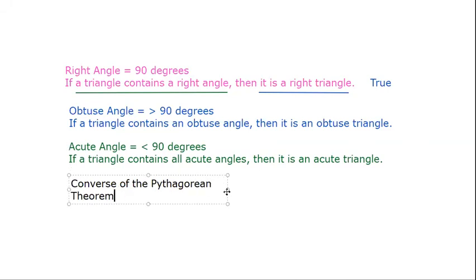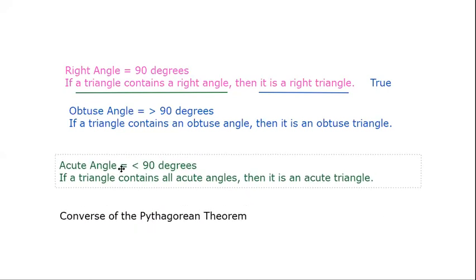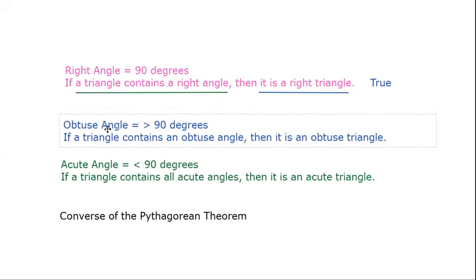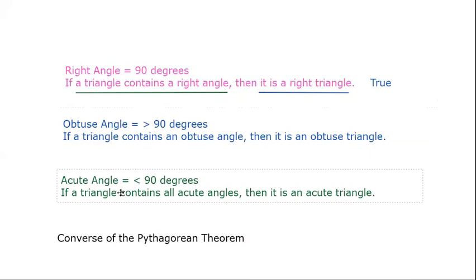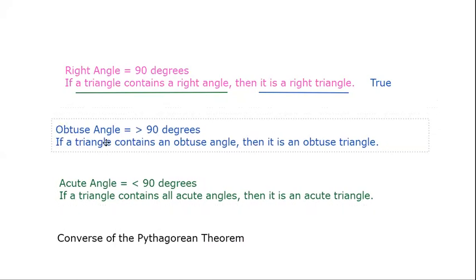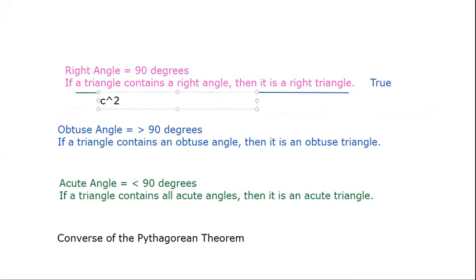The converse of the Pythagorean theorem is what we're going to use. So if we imagine in this acute, obtuse, and right triangle that we're going to apply the properties of the Pythagorean theorem, where the longest side is C. Now, it can't be the hypotenuse if you're not a right triangle, but we're going to apply that concept of C squared, which is our longest side.